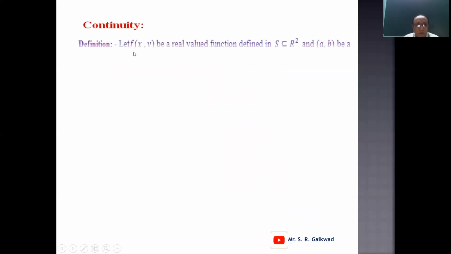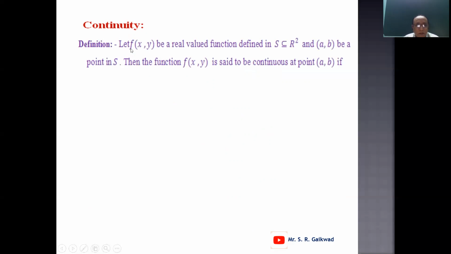Okay, next topic, continuity. First, the definition of continuity. Let f of x comma y be a real valued function defined in a subset S of R square, and a comma b be a point in S. Then the function f of x comma y is said to be continuous at point a comma b if, first condition, the value of the function at a comma b exists, it means f of a comma b exists.